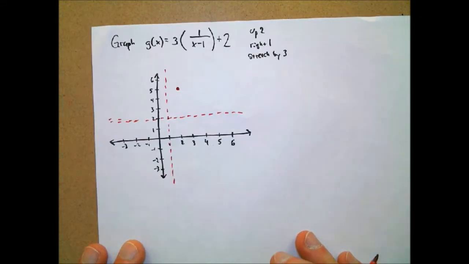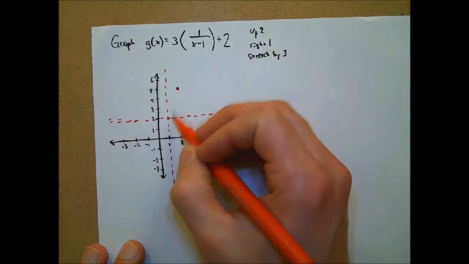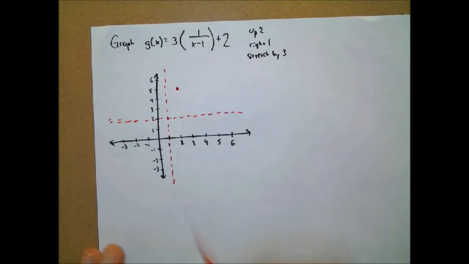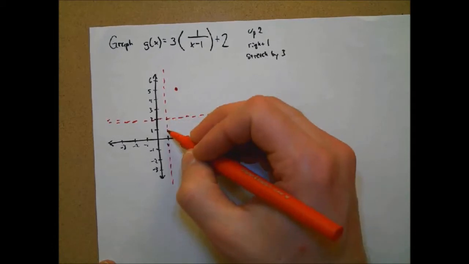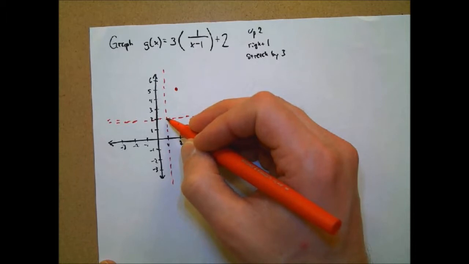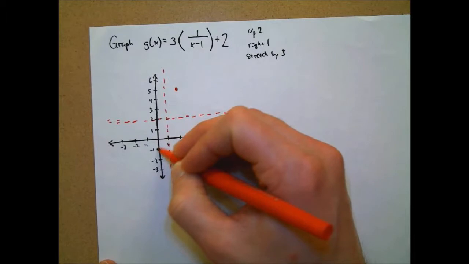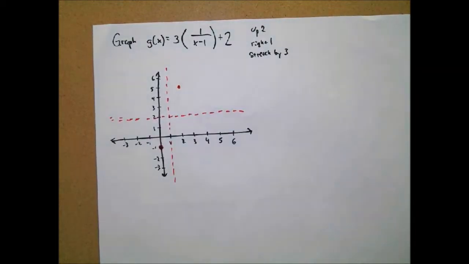And likewise, instead of going down 1, left 1, I'm going to go down how much? 3. So 1, 2, 3, and then over 1, and there's another point. Okay? So these are my new reference points.